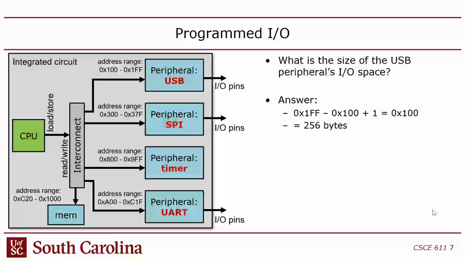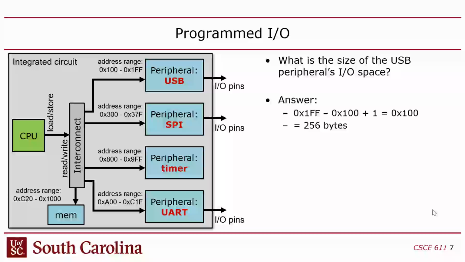And so that SPI peripheral will have an address range. It'll have a base address, which is the starting address, and then a length from there, or it'll just have an ending address. You guys with me? So any loads or stores in this range will essentially be a way for the CPU to target the SPI peripheral to tell it to do something on the CPU's behalf, right?